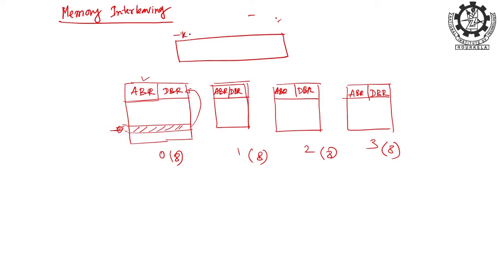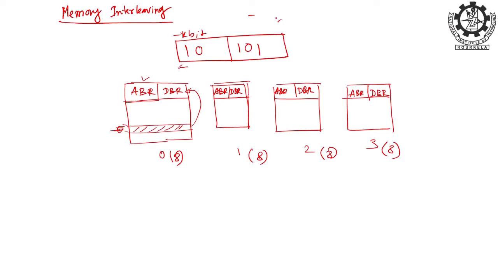Let us say k bits. Here I wrote 10, and then I wrote 0 0 1.